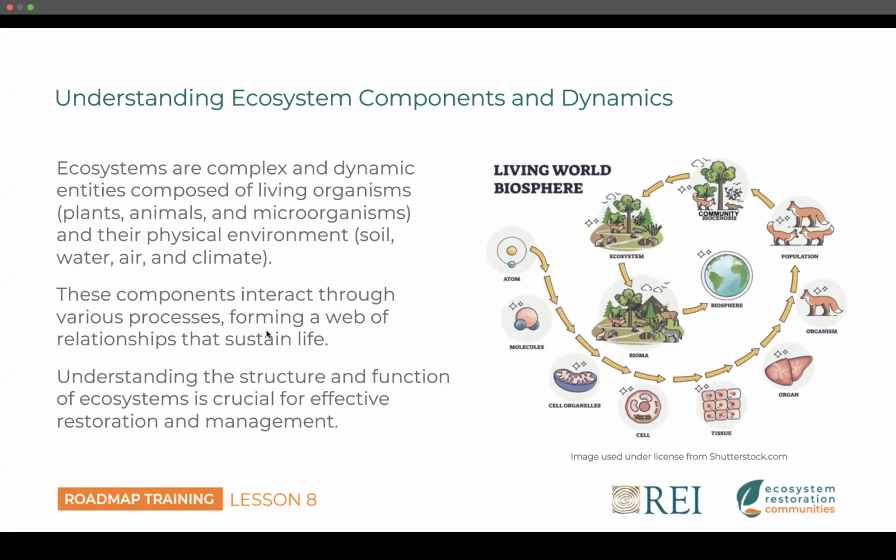So here we can see, here's the living world, and we start out here in atoms, and then those atoms come together to form molecules. Those molecules form together to form organelles. Multiple organelles form cells, and multiple cells form tissues. Multiple tissues form organs. Multiple organs form an organism, and multiple organisms form a population of one species, and multiple species in a population, multiple populations form a community.